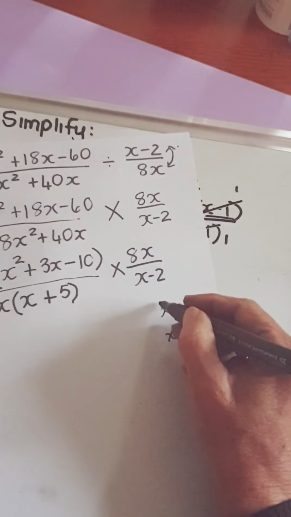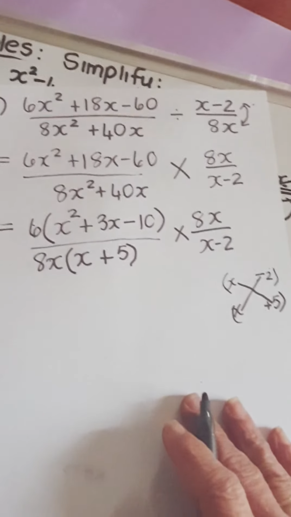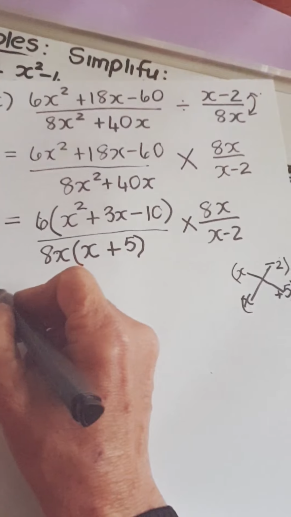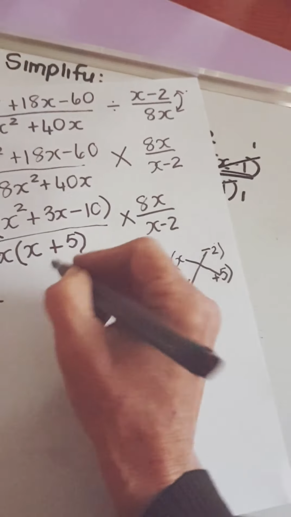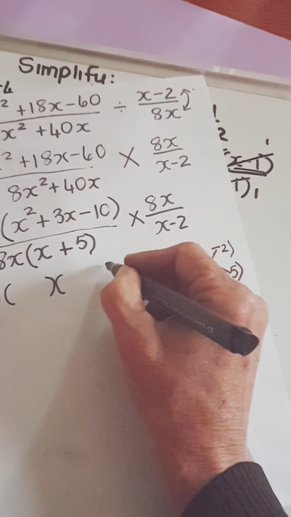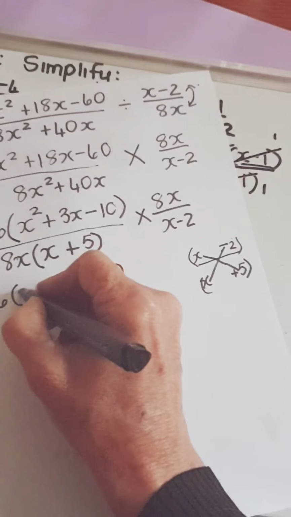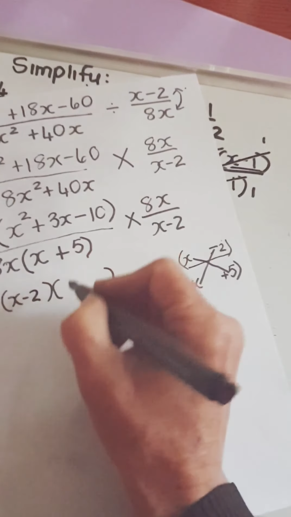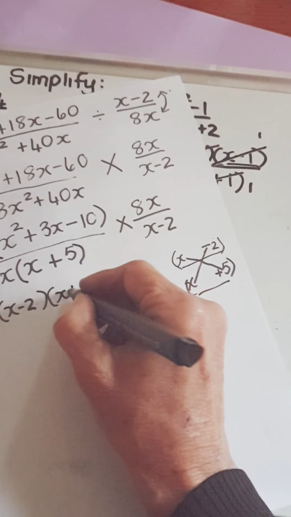So there's my brackets. So let's rewrite this whole story. And I'm going to get 6 times my 2 brackets for my quadratic expression, which is x minus 2 in the first bracket and x plus 5 in the second bracket.